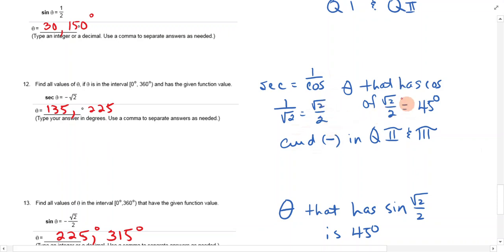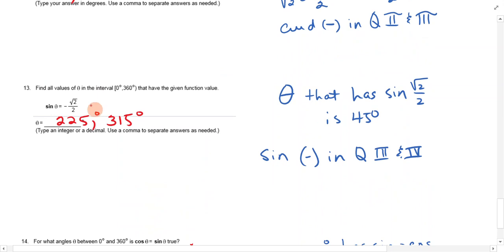The theta that has that as its cosine is 45 degrees. It's negative in quadrant 2 and quadrant 3 because cosine's positive in 1 and 4. So in quadrant 2, it is 180 minus 45, so that'd be 135. And in quadrant 3, it's 180 plus 45, so it'd be 225.